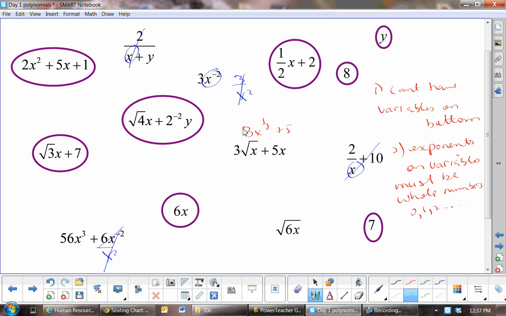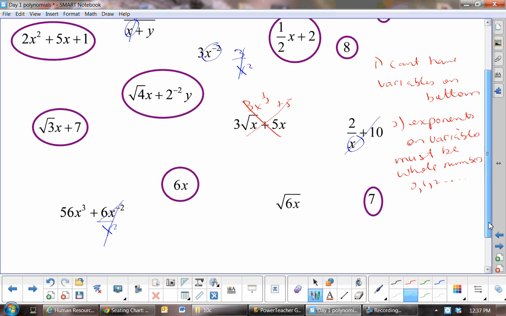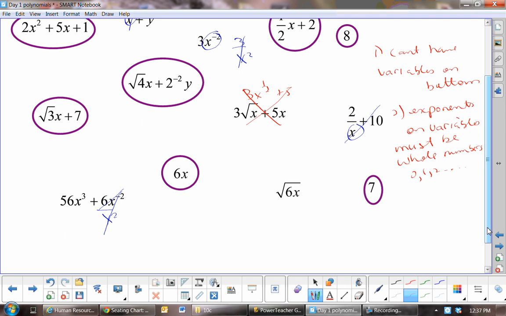So, with this, we can see why this one fails. What about root 6x? This is the same thing as root 6 times root x, right? Which is the same thing as root 6 times x to the 1/2. So you can see why that one fails.